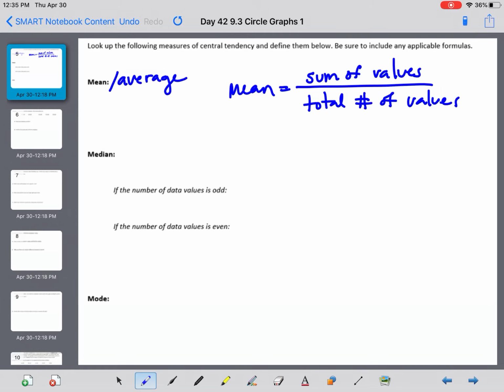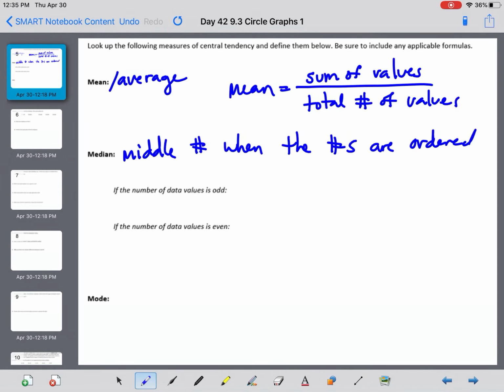Now, the median is going to be the middle number when the numbers are ordered least to greatest. So they do need to be in order.